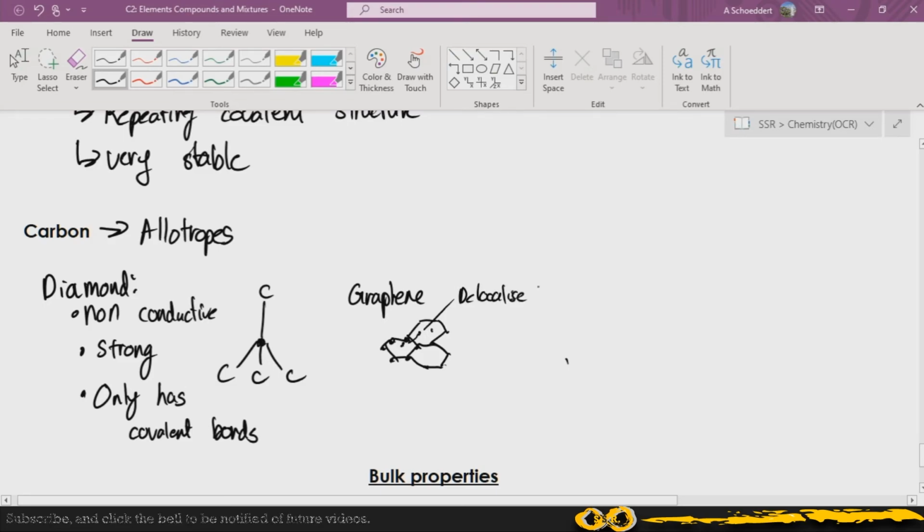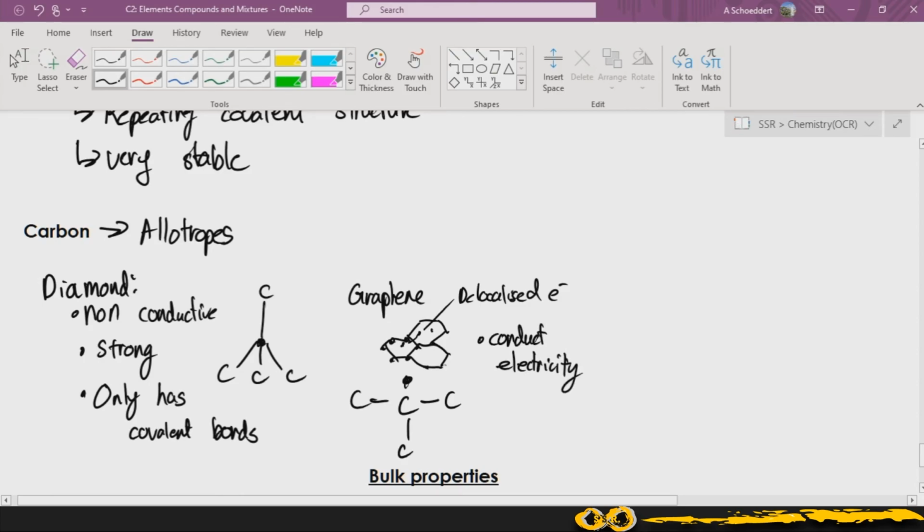And the reason for this is that each carbon atom is bonded to 3 other carbons, and therefore that leaves 1 electron free in order to be delocalized, which means that graphene will conduct electricity, and that is what allows it to be used, for example, in touch screens.